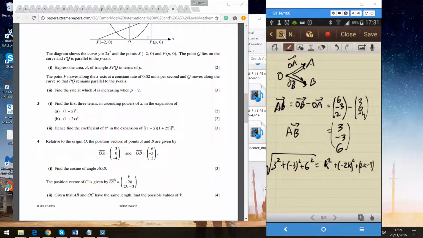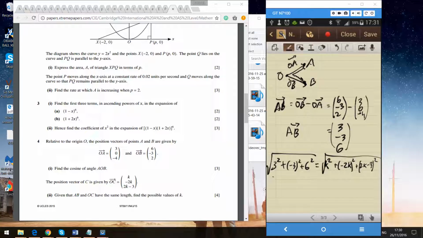Squaring both sides to remove the square roots and doing the mathematical operations, 6 squared is 36. So 9 plus 9 is 18, 18 plus 36 gives 54.